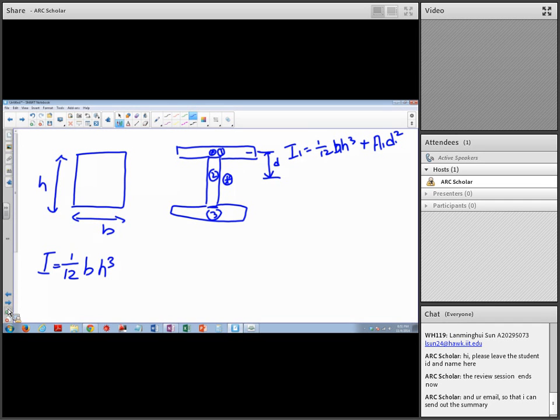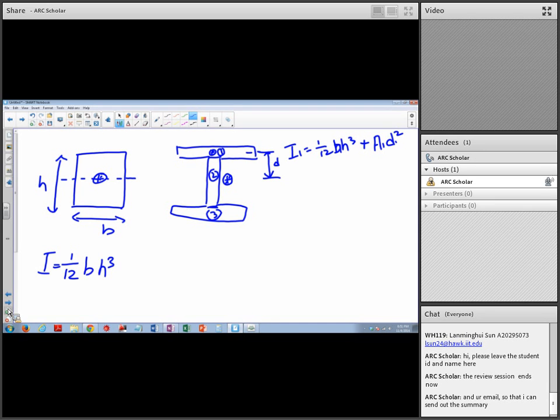Why do you have to move it? Okay, because for a shape like this, we don't need to move anything, because the second moment of inertia is acting here, which is the center of this part, which is also the center of this shape.